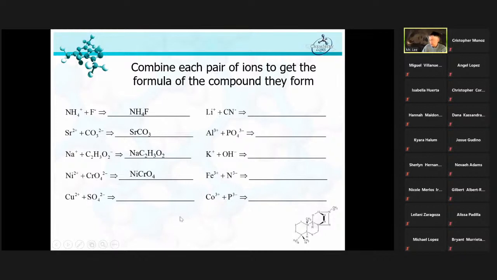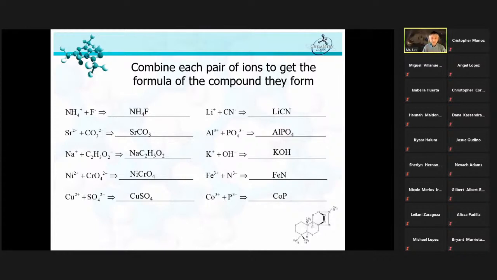This is copper(II) sulfate. This is lithium cyanide, aluminum phosphate, potassium hydroxide, iron(III) nitride, and cobalt(III) phosphide. So literally just remove the numbers and the charges or signs and put them together. That's simple, right? That's only if they have the same positive and negative charge.